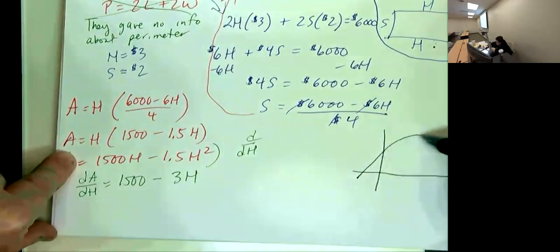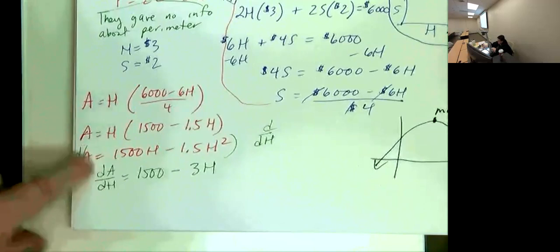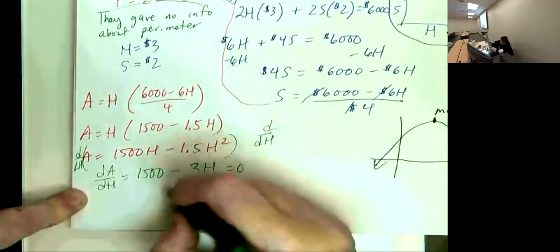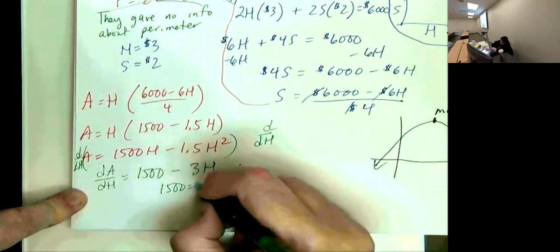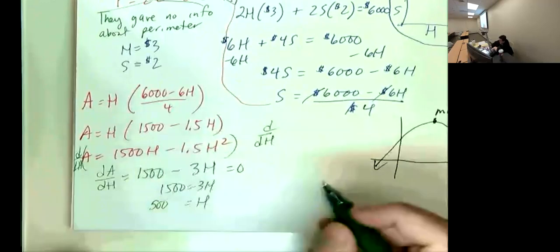Negative H squared is a downward opening parabola, so it will have a max somewhere. So that's what we're going to find using doing this. We set this equal to 0 to find that spot. 1,500 equals 3H. So H equals 500 feet.